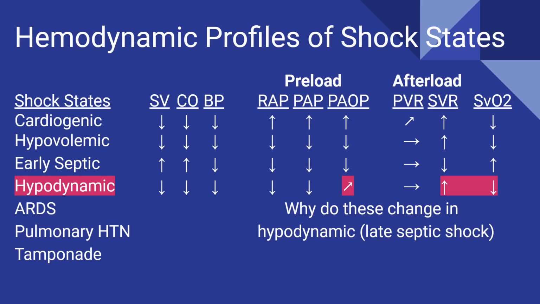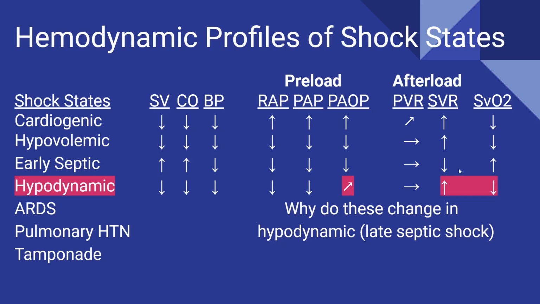That makes sense, right? Because you have all this fluid leaking out, and as you get further into sepsis, you get so much swelling that it's going to squeeze your vascular bed and cause a rise in resistance without a rise in blood pressure.